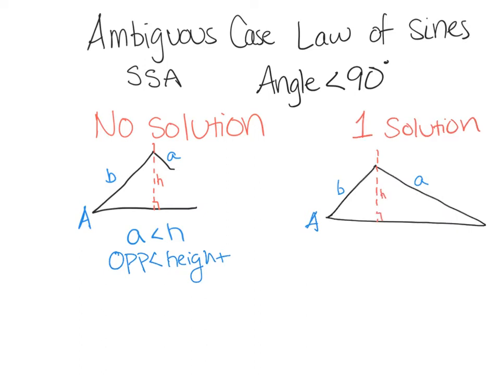I'm first going to check against the height and see, okay, is this opposite side greater than the height? Yes, it is. It connects to make a triangle. Awesome. There's one other thing I have to check. Let's see, I practiced this yesterday. Hopefully this will work.